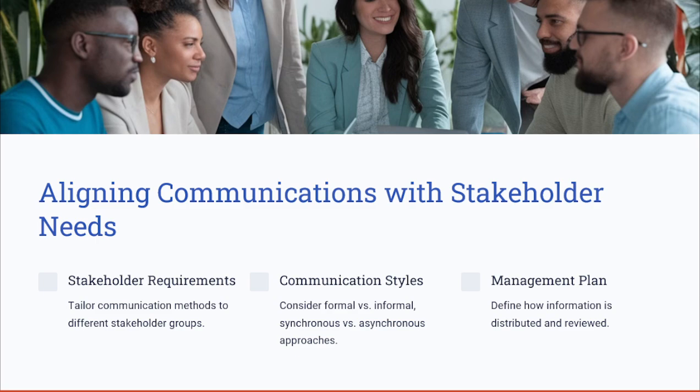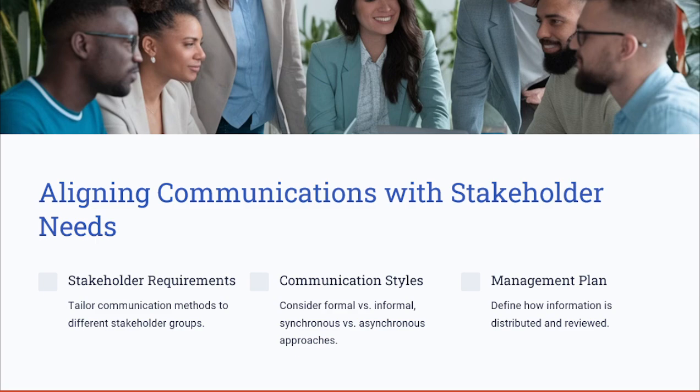If you recall, when we were collecting the stakeholder communication requirements, when we were developing the engagement plan and communication plan, stakeholder communication requirements is a process where you need to collect information to tailor the communication preferences or needs or methods to different stakeholder groups.